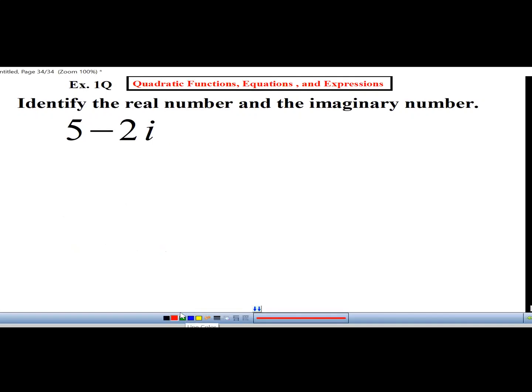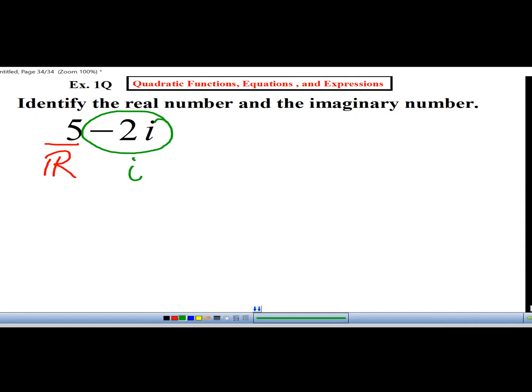All right. Alyssa, real number. 5. So we label this one real, which means negative 2i is my imaginary. Hands if you got that. Okay, good. Let's move on.